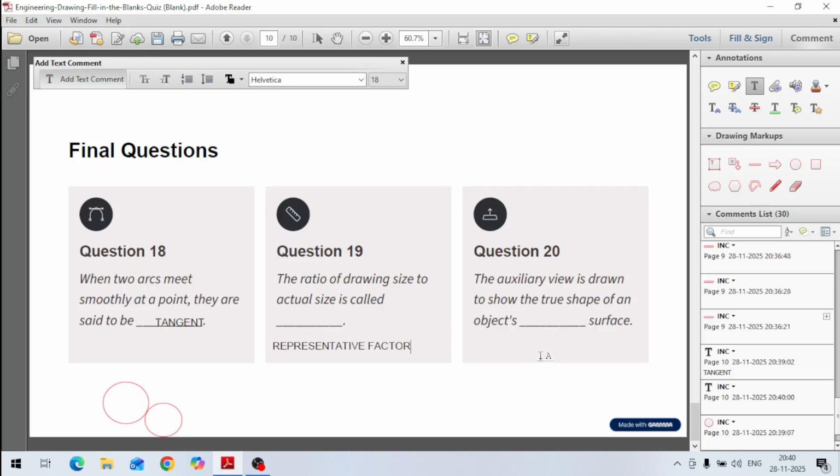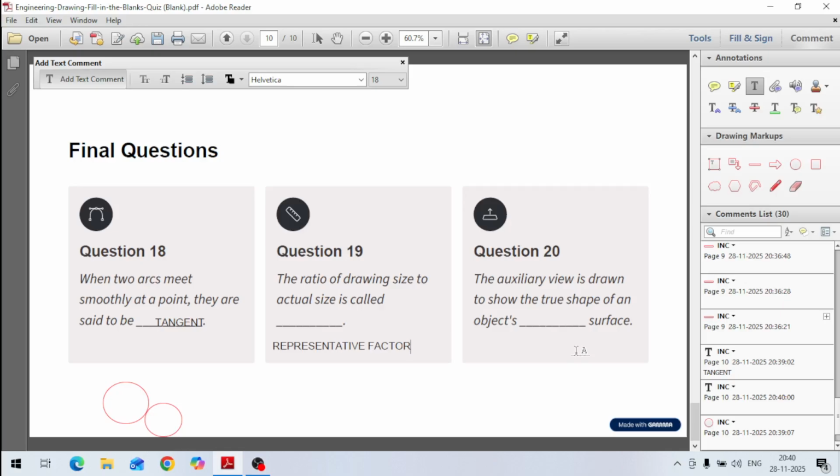Next is, auxiliary view is drawn to show the true shape of an object's surface. If there is an inclined surface, then auxiliary view is drawn to show the true shape of the object.